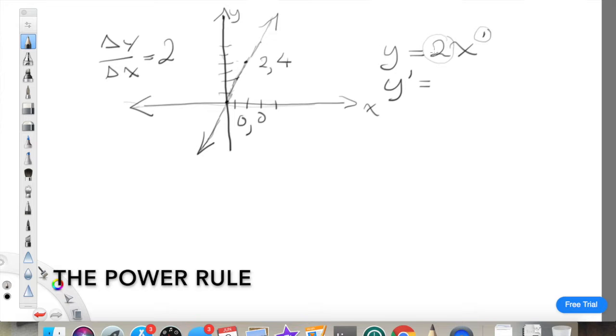So for the derivative of y equals 2x, you get 2 times 1, which is just 2, and then x to the 0, which equals 1. So the derivative of y equals 2x is just 2. That works because anywhere along this line, the slope is going to be 2.